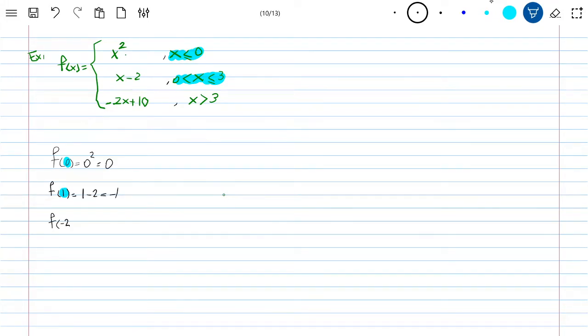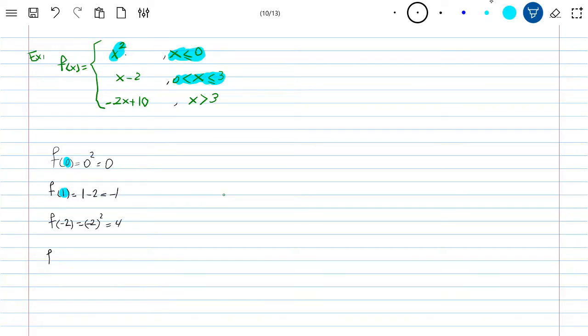F of negative 2. Negative 2 satisfies which equation? Is negative 2 less than or equal to 0? Yes, it is. So I'm going to use again the x squared equation. If it's a function, it should satisfy only one of those inequalities. Otherwise, you will have two different y values.